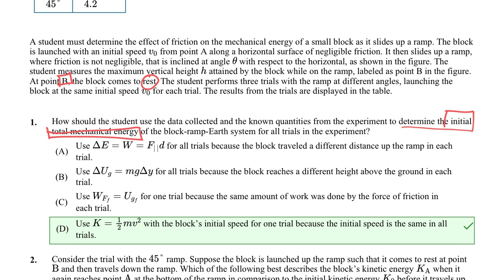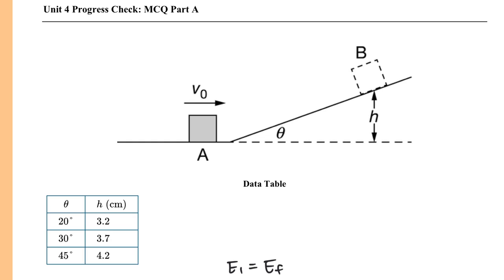This is where we use our conservation of energy equations. We have to do E initial equals E final. We know that initially the block will be pushed with a certain velocity, so it's going to have kinetic energy.